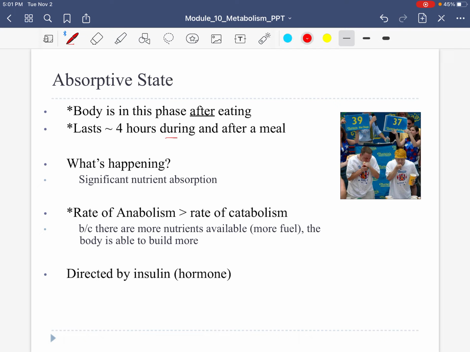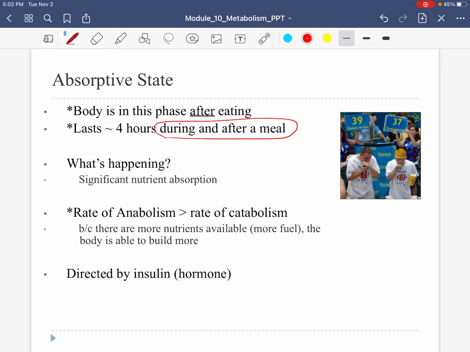Okay, the absorptive state. The absorptive state is happening during and after a meal, which I think makes sense. An absorptive state is indicating that your GI tract is absorbing nutrients. When is your body absorbing nutrients? Right after you eat.